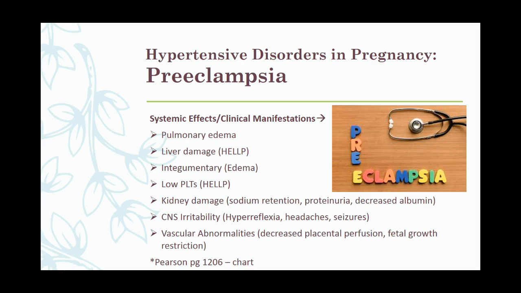If we have high blood pressure or someone with preeclampsia, those vessels in the placenta become damaged. And if we damage those vessels, then the baby does not get the nutrients or the oxygen that's required for appropriate fetal growth. So oftentimes these babies will be smaller and they'll have fetal growth restriction because the vessels are damaged enough that they don't get what they need.